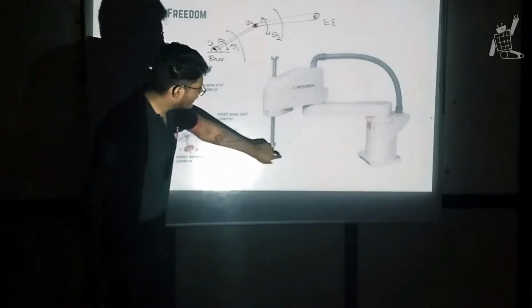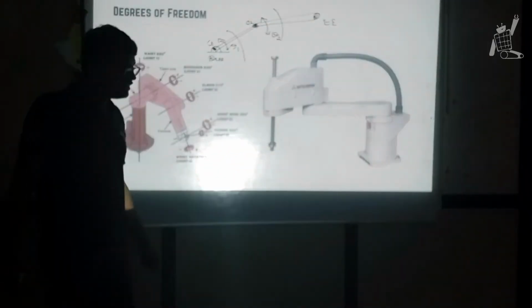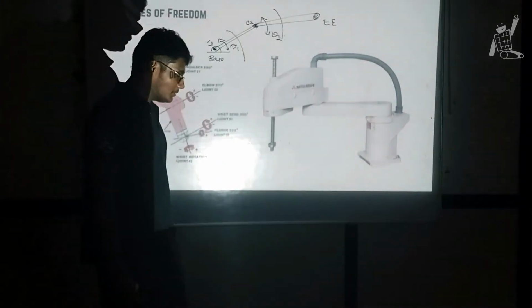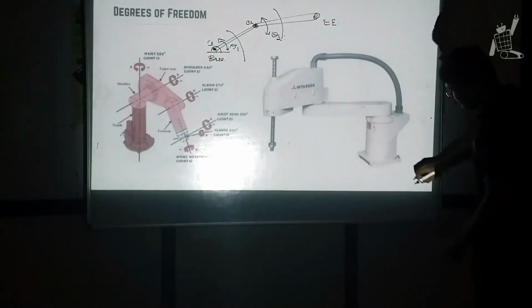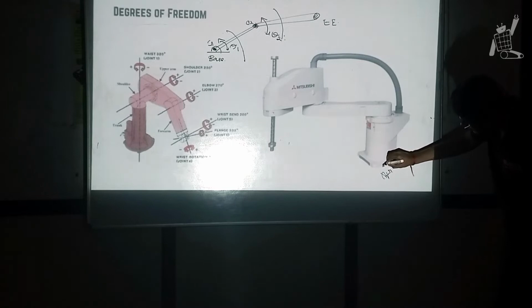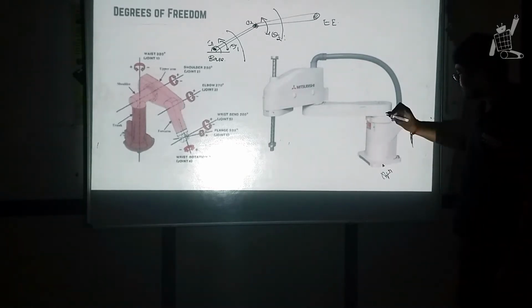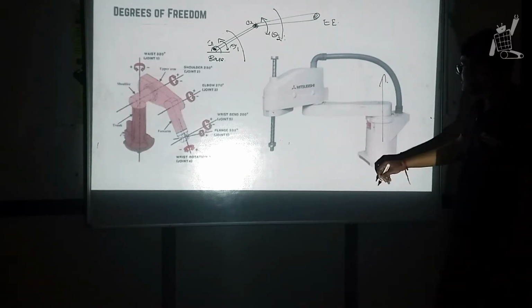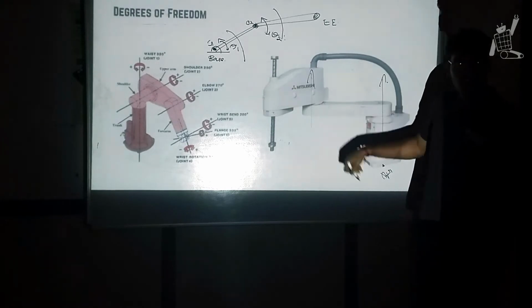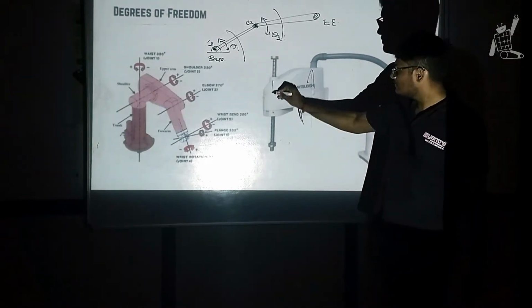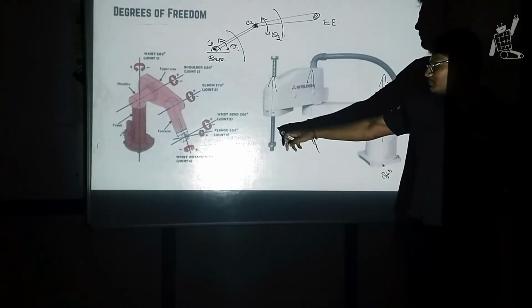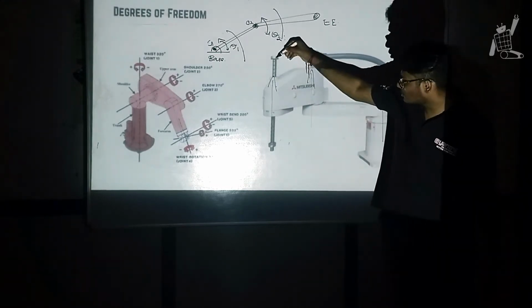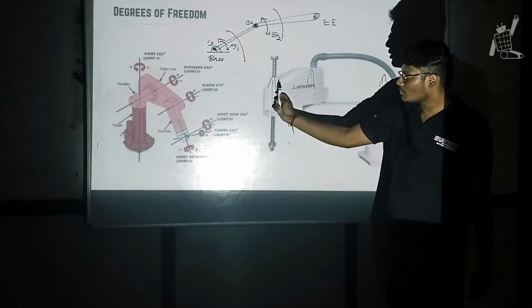Okay, let us discuss the degrees of freedom for this. This is a SCARA robot. This is called the base, that will be fixed. Here is the first motion happening to the robot, that is along the z axis. Here is another along the z axis. Seeing this image, you can see the screw will move up and down, but there is also one rotation to the screw.